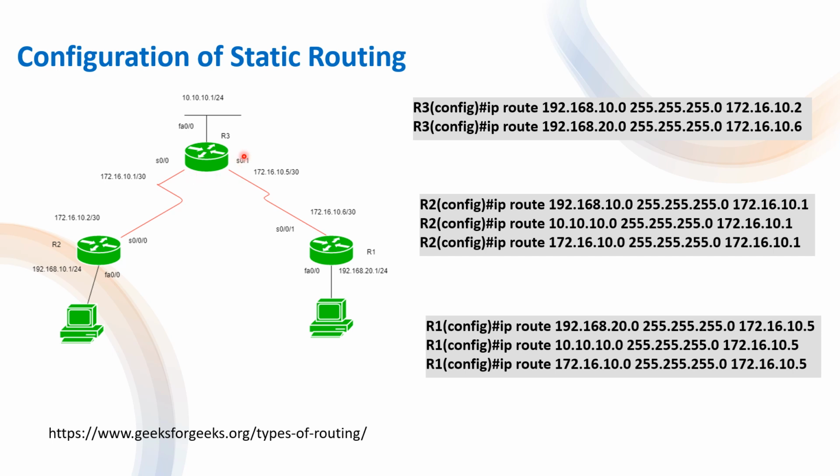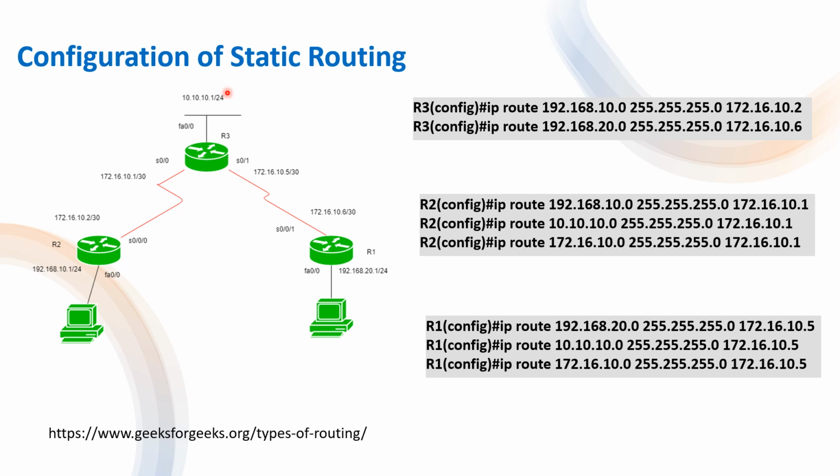Similarly, router R3 has IP address 172.16.10.5 on one serial interface, 172.16.0.1 on another serial interface, and 110.10.10.1 on its FastEthernet interface.